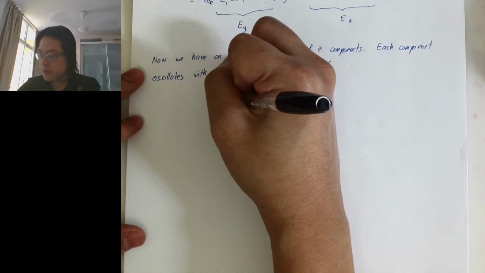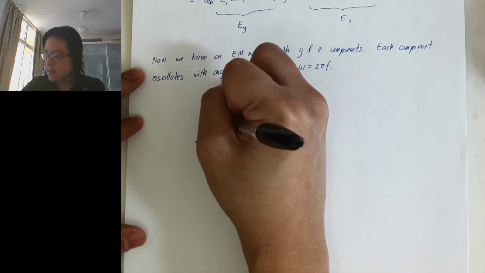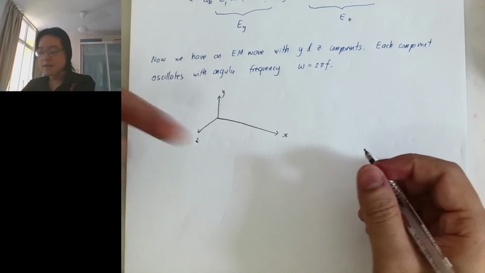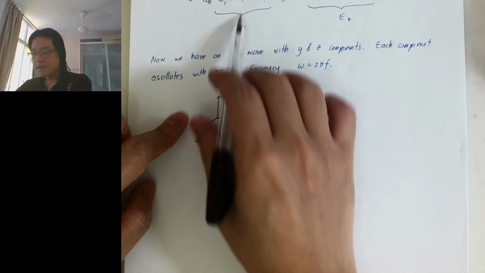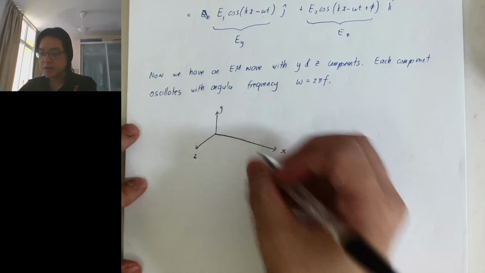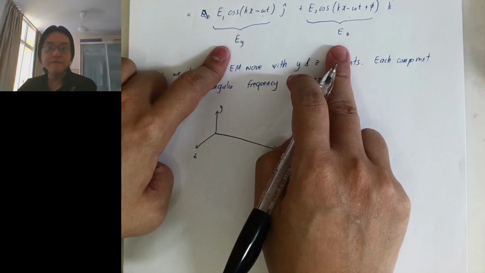If my y axis is here, my z axis is here, and my x axis is here, the light is shining in this direction. This component is in this direction, and this component is in that direction. So I will draw the projection on the YZ plane.